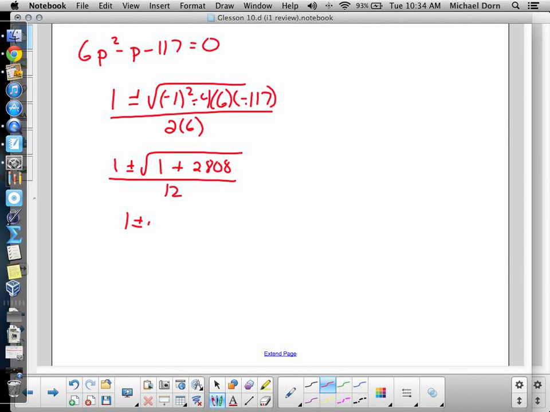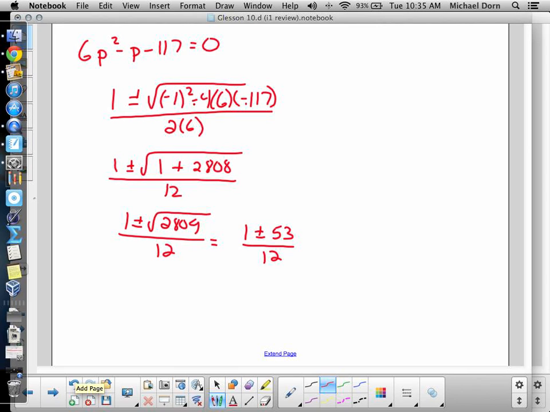So 1 plus or minus the square root of 2809 divided by 12. Well, the first thing we should do is check to see if that's a perfect square. So square root of 2809. I don't expect you to know that, but certainly you can check it in your calculator and you get a 53. And that I would expect everyone to be able to do.